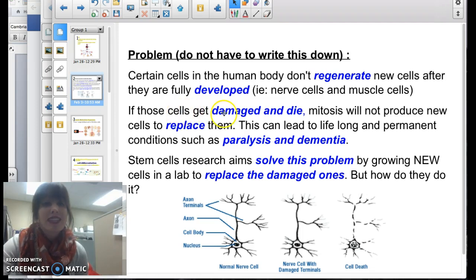So if those cells get damaged and die, mitosis will not produce new cells to replace them. This can lead to lifelong and permanent conditions such as paralysis and dementia. So stem cell research aims to solve this problem by growing new cells in a lab to replace the damaged ones. But how do they do it?